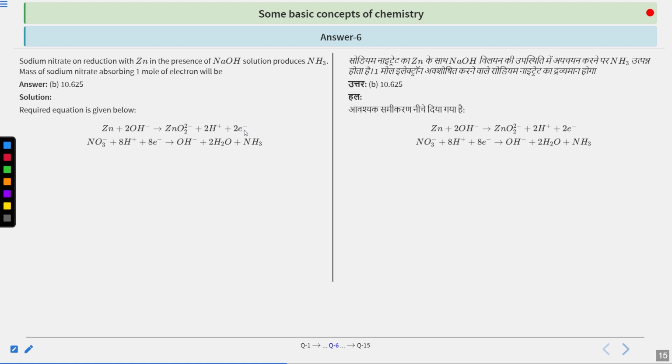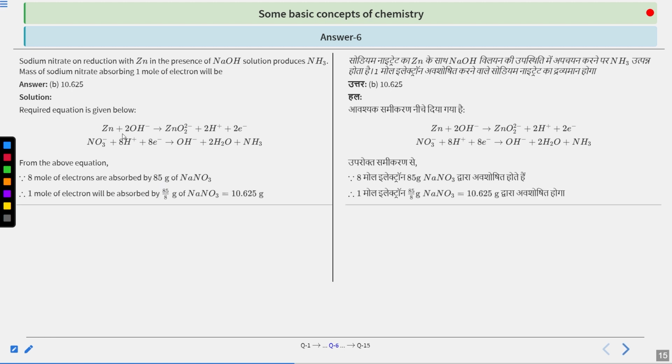Both half reactions are given, and upon adding them we will get the required equation. If you look at the equation, you will find that 8 electrons are absorbed by 85 grams of NaNO3. So 1 mole of electron absorbed will be 85 by 8.